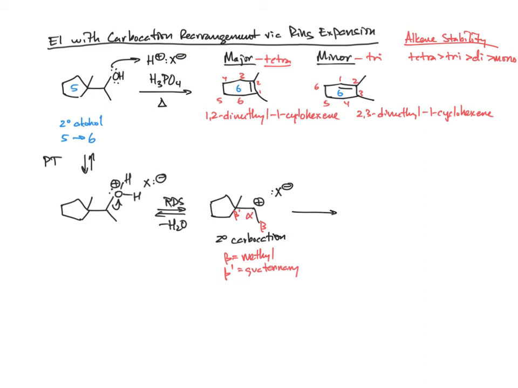So notice this is a one-way arrow at this point. And so we have a choice. We can have a methyl group shift over and give us a tertiary carbocation. Let's show that, but that's not going to be the preferred path.